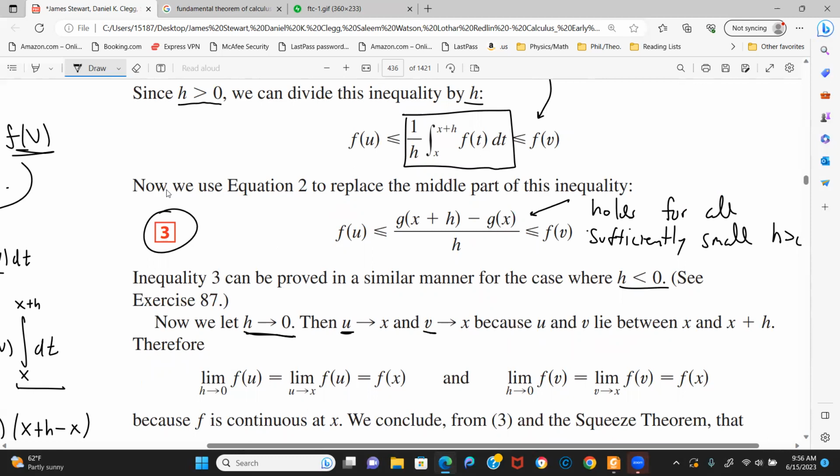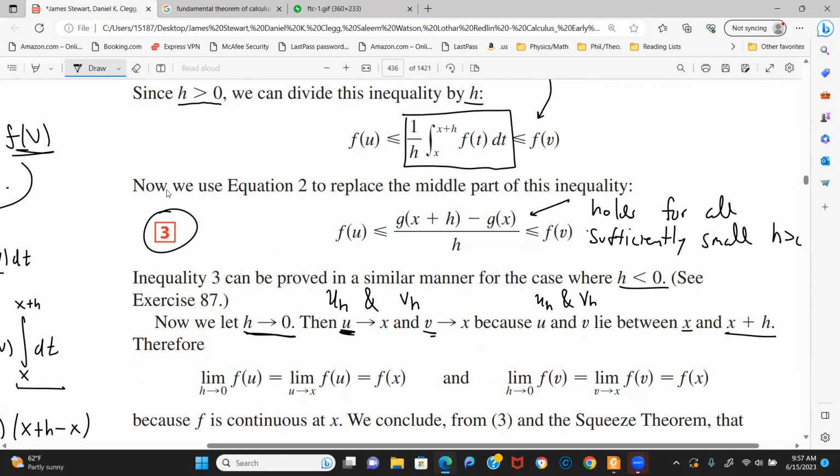So to show that they depend on h, you should actually say u sub h and v sub h. It's showing you that these numbers that you get from applying the extreme value theorem depend on h. But the important thing is that u of h and v of h lie in the interval from x to x plus h. They lie between these numbers.